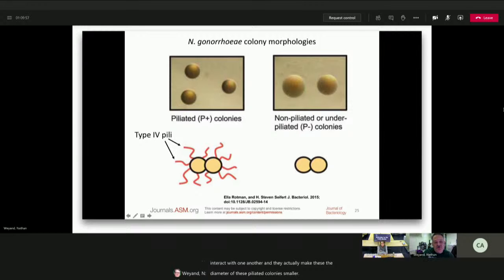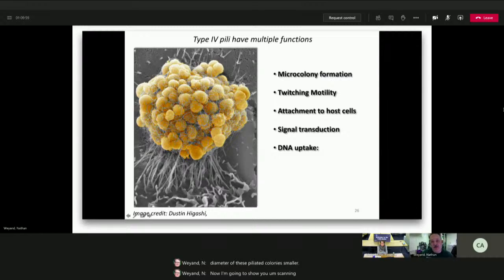Now I'm going to show you a scanning electron micrograph of Neisseria gonorrhoeae infecting a human cell. My colleague Dustin Higashi took this image, and he pseudocolored the bacteria orange. The meshwork of fibers you see on the bacteria are the type 4 pili. They're matted down in this image because of the technique. It's like if you dove into a pool and came out of the water, your hair would be all matted down.